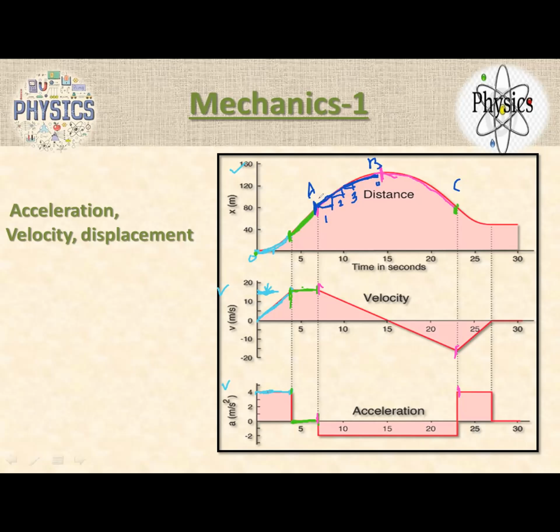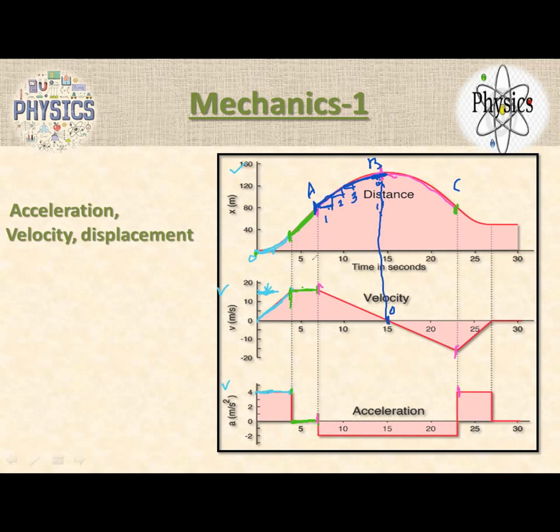The slope at A is much higher than at B. B is almost parallel, constant, right? When there is no change in displacement, you can say velocity is zero. At this point, velocity is zero.